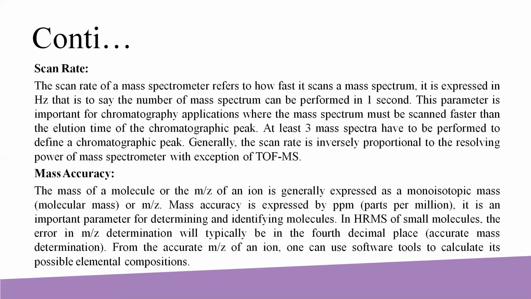It is an important parameter for determining and identifying molecules in HRMS of small molecules. The error in m/z determination will typically be in the fourth decimal place. From the accurate m/z of an ion, one can use software tools to calculate its possible elemental compositions.